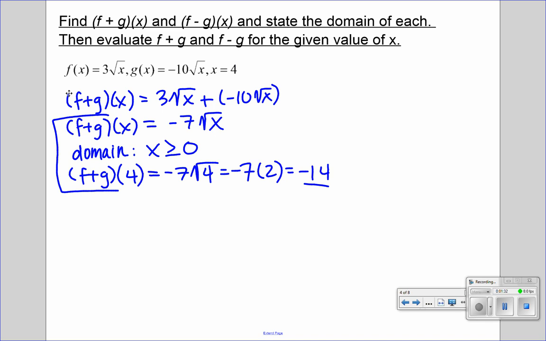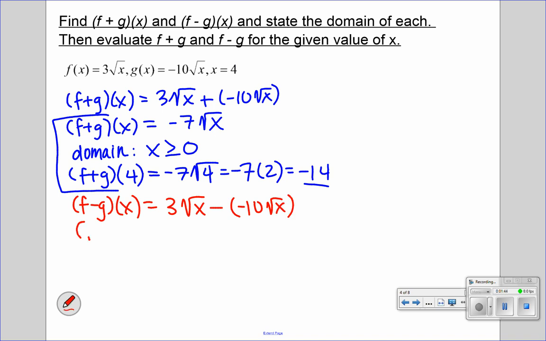All right, now we're going to do f minus g of x. So we're going to take 3 square roots of x minus a negative 10 square roots of x. We're going to simplify, and we get 13 square roots of x.